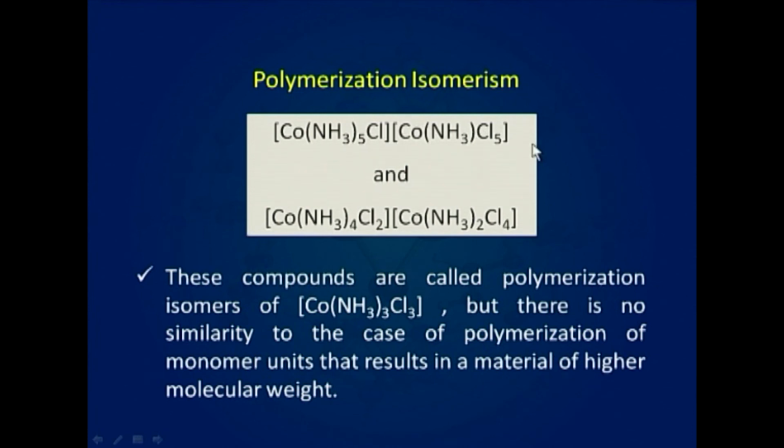These compounds are called polymerization isomers of [Co(NH3)3]Cl3, but there is no similarity to the case of polymerization of monomer units that results in a material of higher molecular weight.